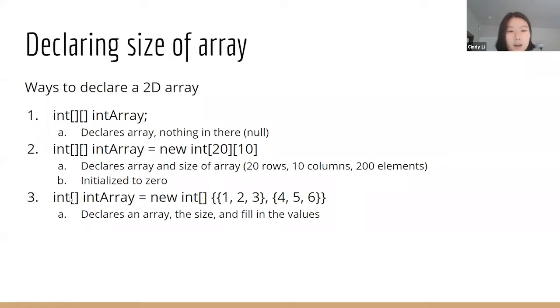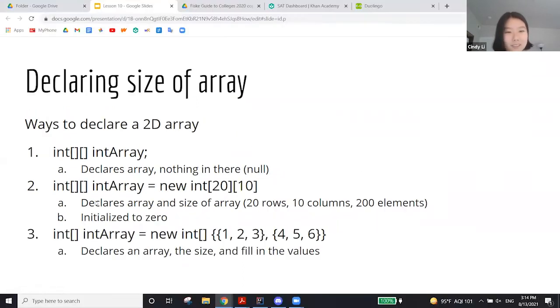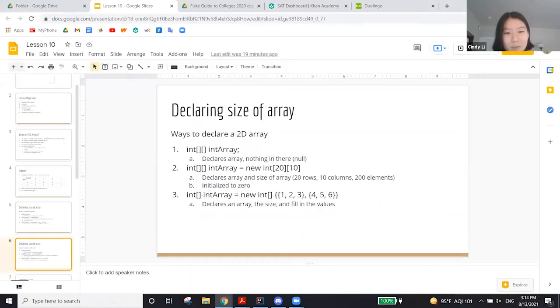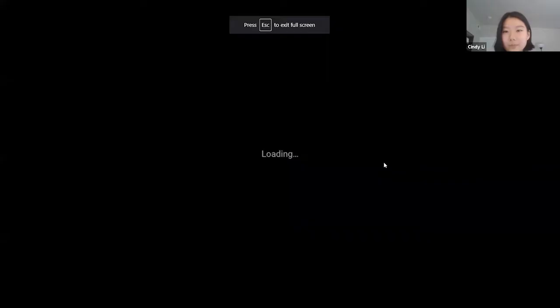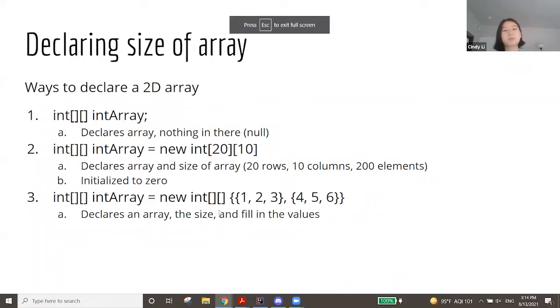And here, wait, typo, I forgot. Right, typo. Remember, 2D arrays will always need 2 square brackets. If you did what I just did, where you only have 1 square bracket, the computer basically throws an error and says there is an error in the data type.